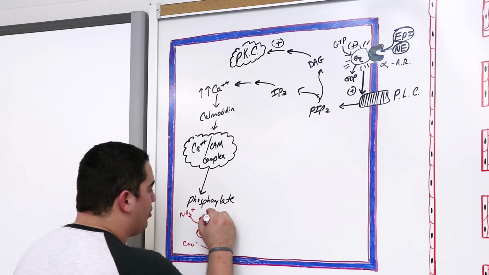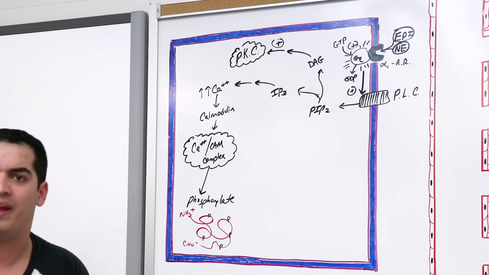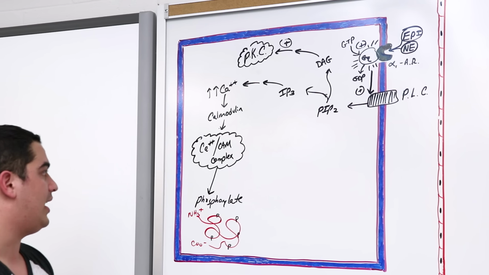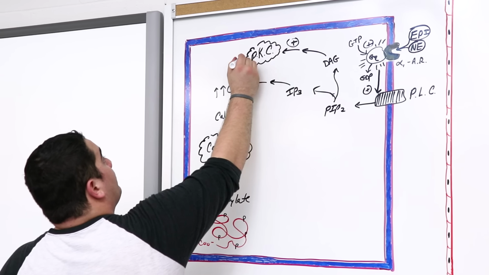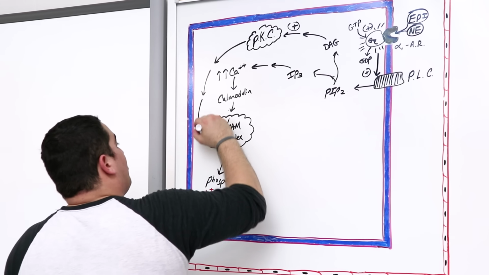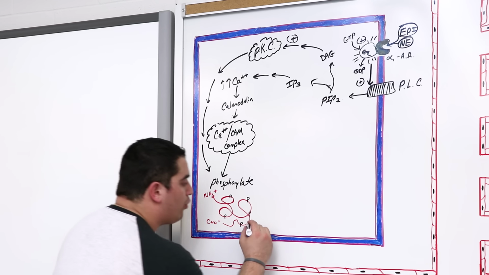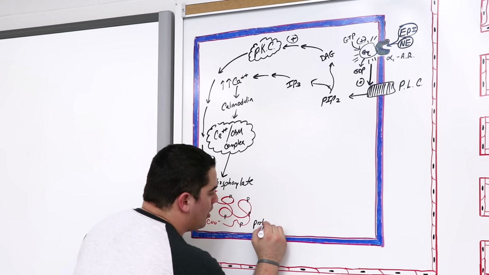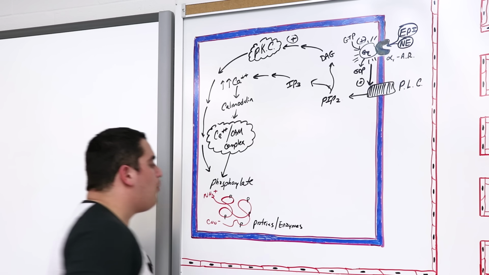And when you phosphorylate proteins, it can either activate or inactivate the enzyme. It all obviously depends on that protein or enzyme in this case. Same thing with the protein kinase C. Just remember, it can exert the same type of activity here by phosphorylating different types of proteins/enzymes.